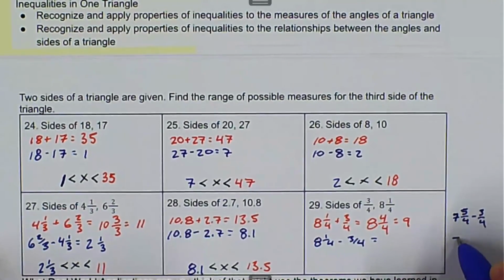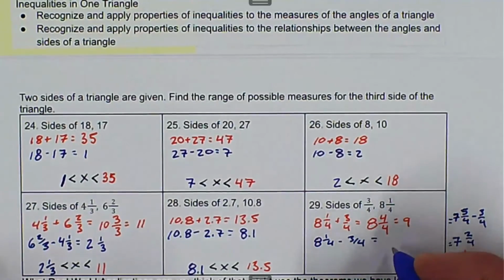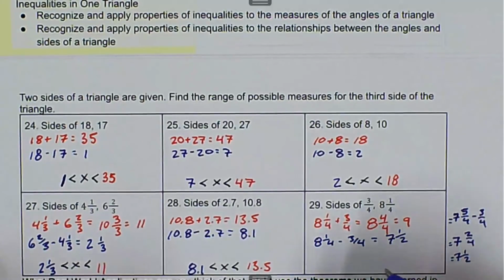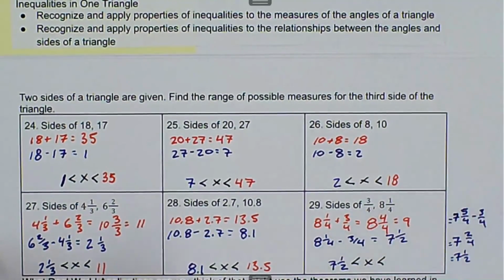That is going to be equal to 7 and 2/4. 2/4 reduces to 7 and 1/2. Which one's bigger, 7 and 1/2 or 9? The answer is 7 and 1/2. 7 and 1/2 is less than x, which is less than 9.